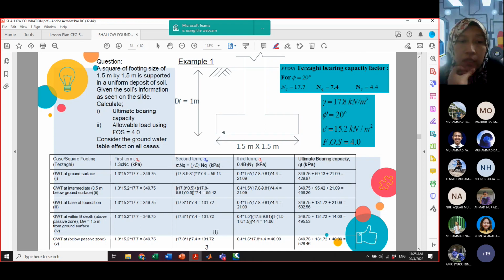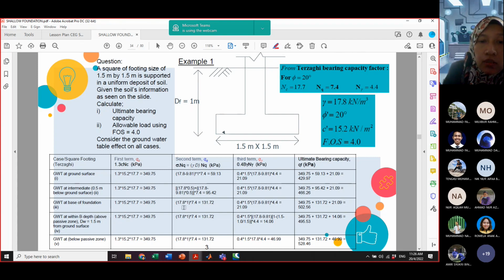Sebab apa yang berlaku sekarang pada case number 3, water table tu berada selari pada base footing. Maknanya bila you nak calculate overburden pressure at base footing ni, kita melihat stress pada permukaan atas dia. So stress yang datang daripada unit weight above it dalam keadaan dry condition.